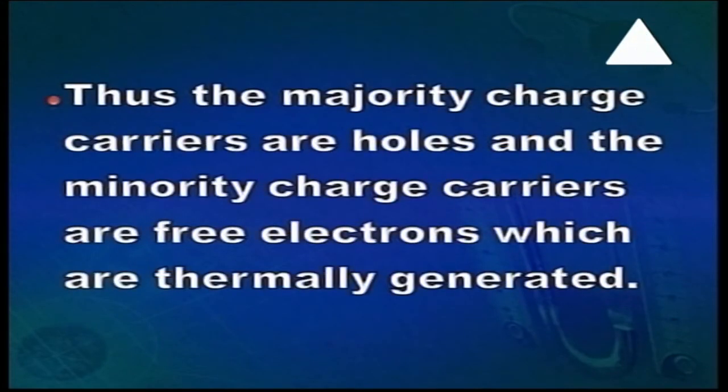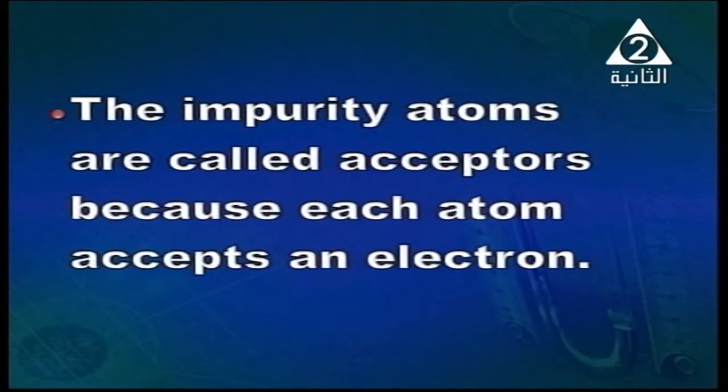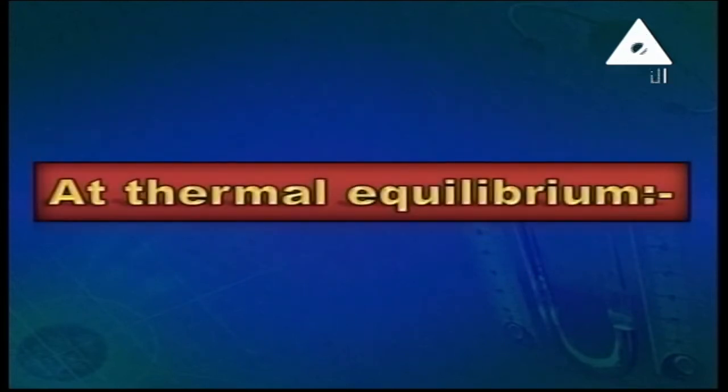So in the p-type semiconductor, the majority charge carriers are positive holes and minority charge carriers are free electrons. Minority charge carriers are thermally generated. The impurity atoms are called acceptors because each atom accepts an electron. And now your attention please, we'll make some calculations here at thermal equilibrium.